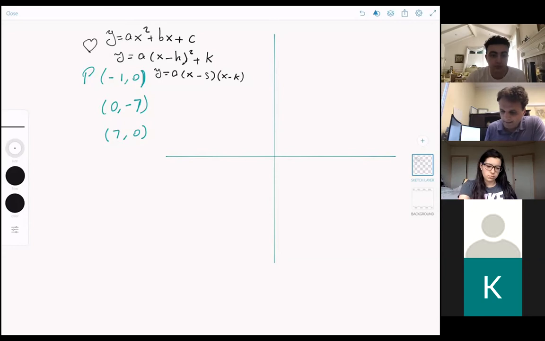So let's say -1 and 0 is here, 0, -7 here, and 7, 0 here. So it looks like the parabola is like this. Correct?